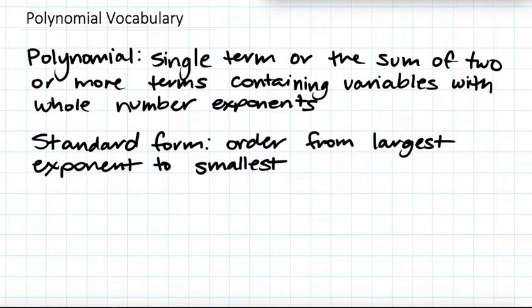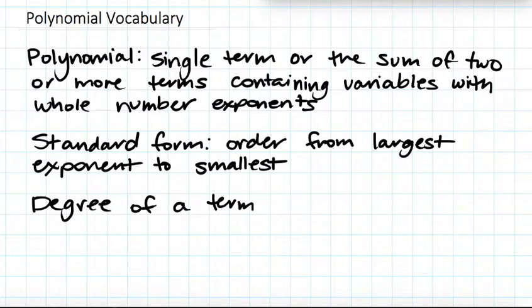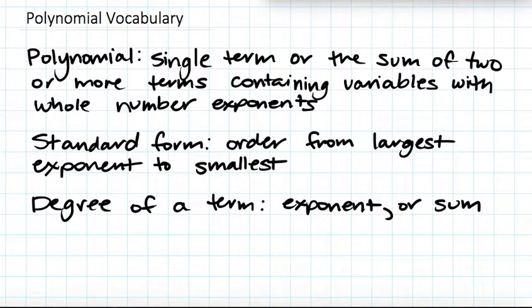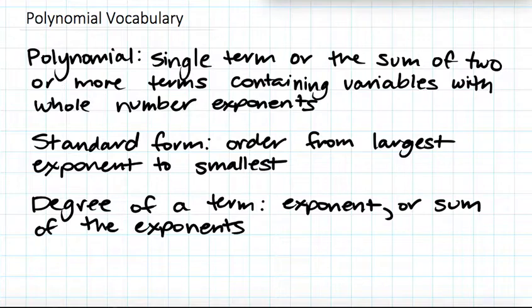The next thing that we're going to define is the degree of a term. Now, the degree of a term is the exponent if there's only one variable, or the sum of the exponents if there are multiple variables. Degree is a number. And since our exponents are always whole numbers, degree is also always going to be a positive whole number.